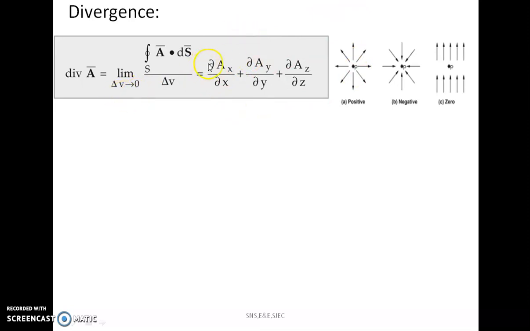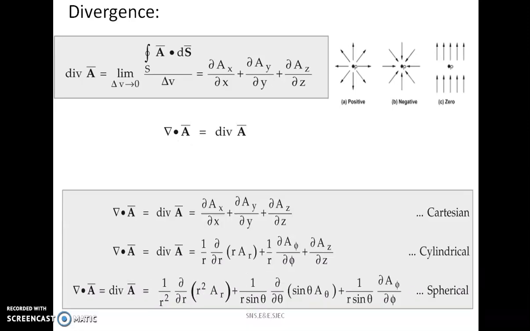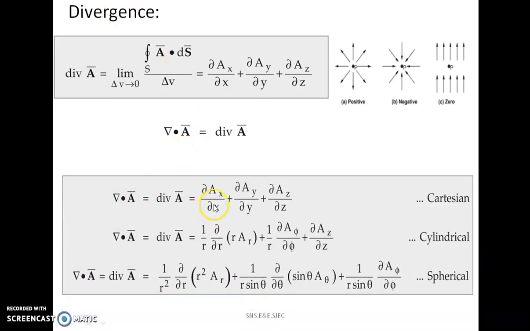We know that dou by dou x plus dou by dou y plus dou by dou z is an operator called the del operator. Using the del operator, divergence of A can be written as del dot A. Now we also saw the different formulas for divergence in different coordinate systems. In Cartesian coordinates, del dot A is del by del x of Ax plus del by del y of Ay plus del by del z of Az.